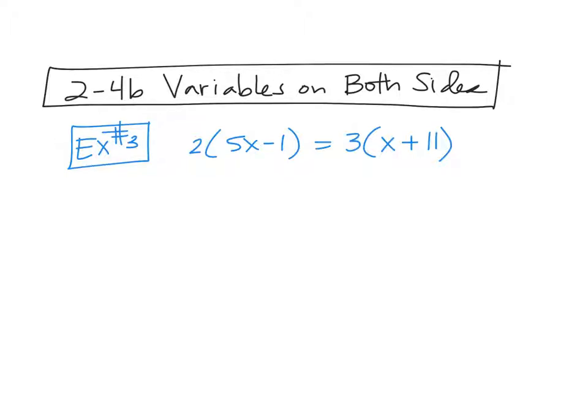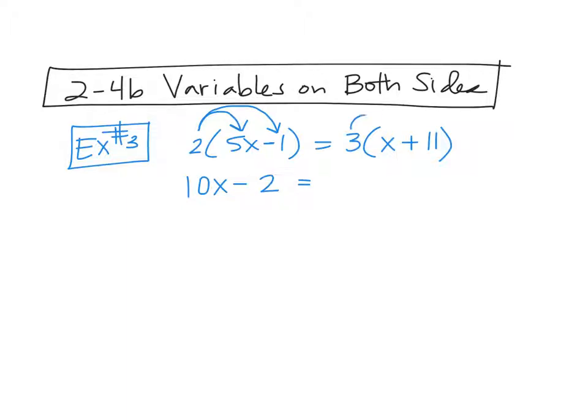So first step is we're going to start by distributing that 2. So if I take that 2 and I multiply it by 5x, what does it become? 10x. Okay, and then I take that 2 and I multiply it by 1. 2, okay? We're subtracting, so it's going to be minus 2. Okay, now you move to the right side.